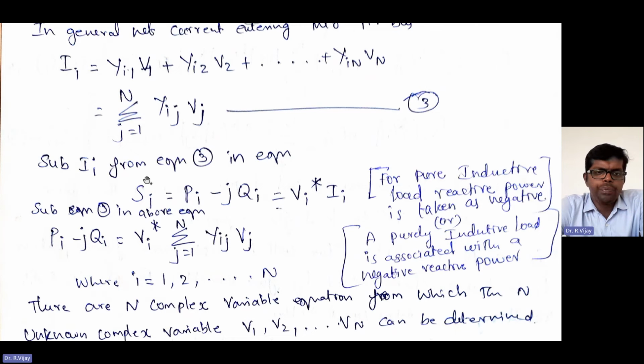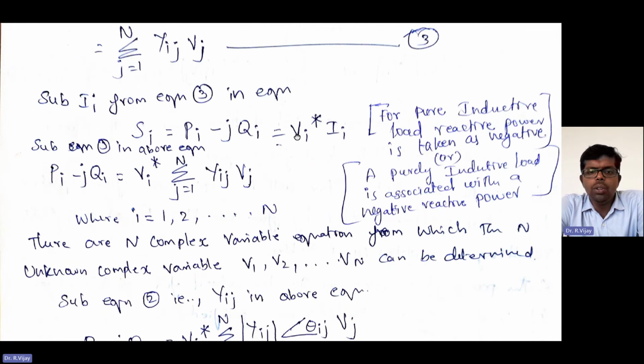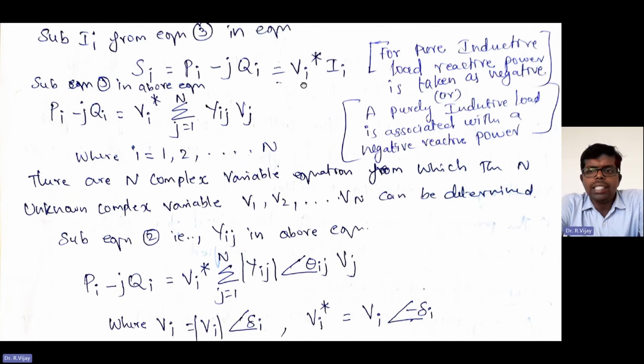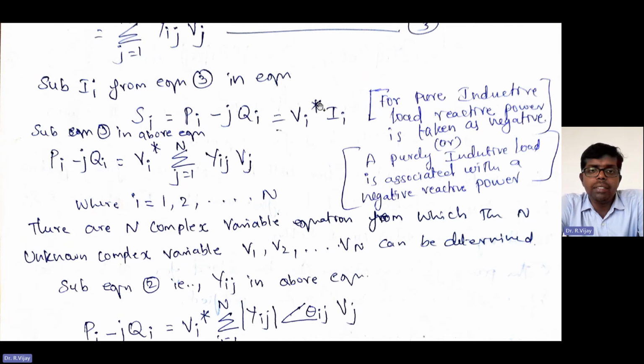Now, Si is equal to Pi minus j Qi. From equation 1, Si is equal to Pi minus j Qi, that is nothing but Vi into Ii star. Otherwise, here we have taken Vi star into Ii. For a pure inductive load, the load reactive power is taken as negative.